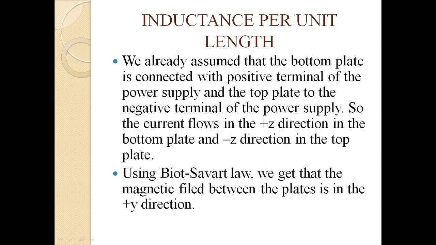Now we will find out inductance per unit length. For that, let us assume the bottom plate is connected with positive terminal of the power supply and the top plate to the negative terminal of the power supply. So, the current flows in the plus Z direction in the bottom plate and minus Z direction in the top plate.